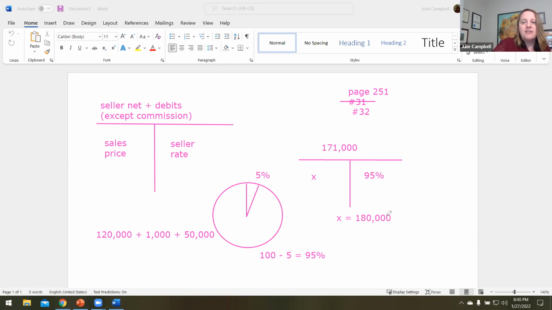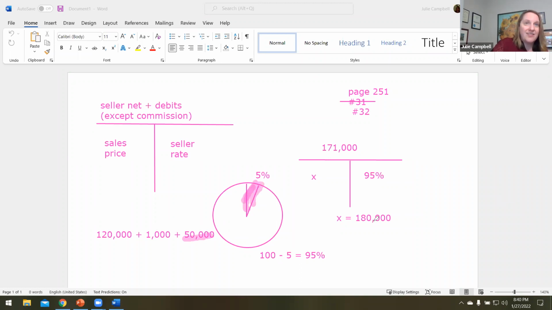Anything less than this means the seller's not going to get their $50,000. If I sell their house for $179,999, the seller's going to get $49,999, right? Because they have to pay off the mortgage. They've agreed to pay the closing costs, and they've agreed to pay me.